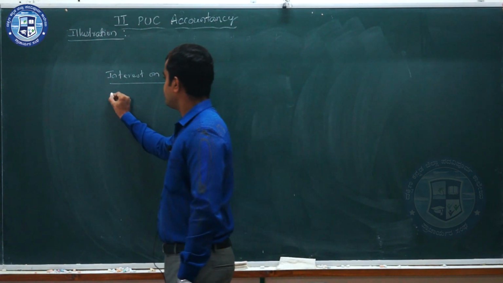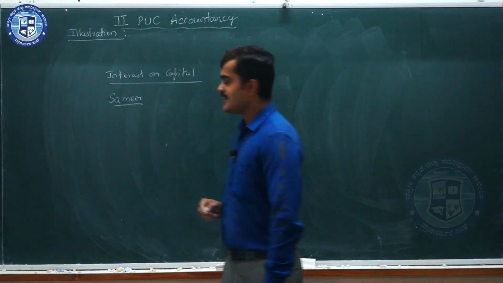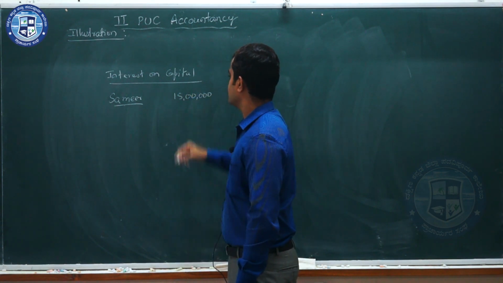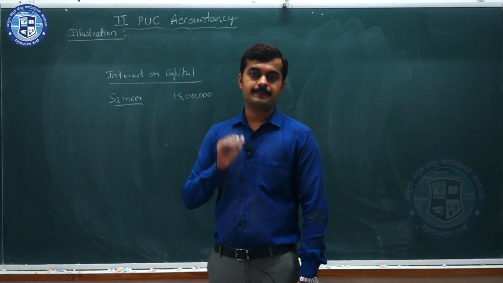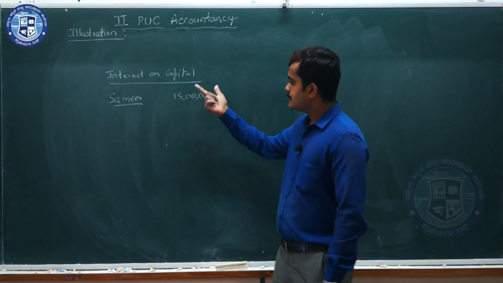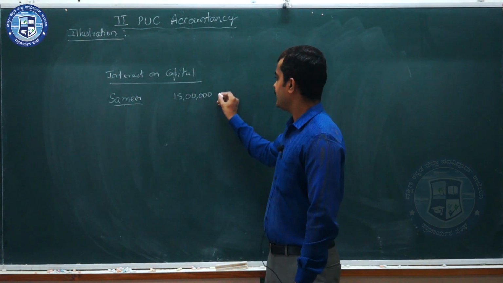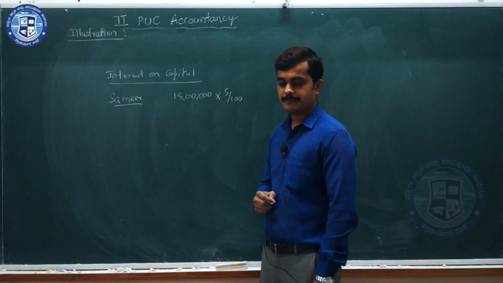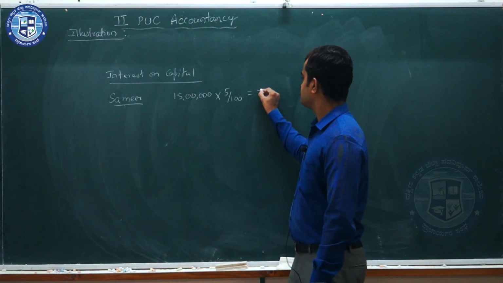So coming to the first partner, Samir, he has opening capital of rupees 15 lakh. On that we have to calculate interest at 5% per annum. Since it is opening capital, that capital will be there throughout the year. That is why on 15 lakh we have to calculate interest on capital at 5% per annum for the full year.